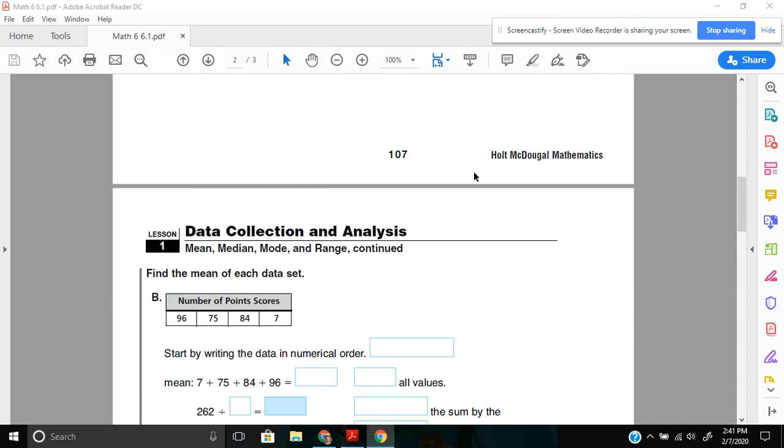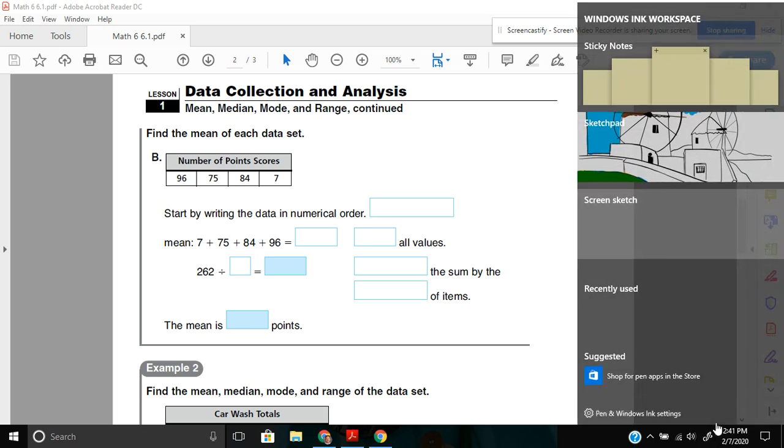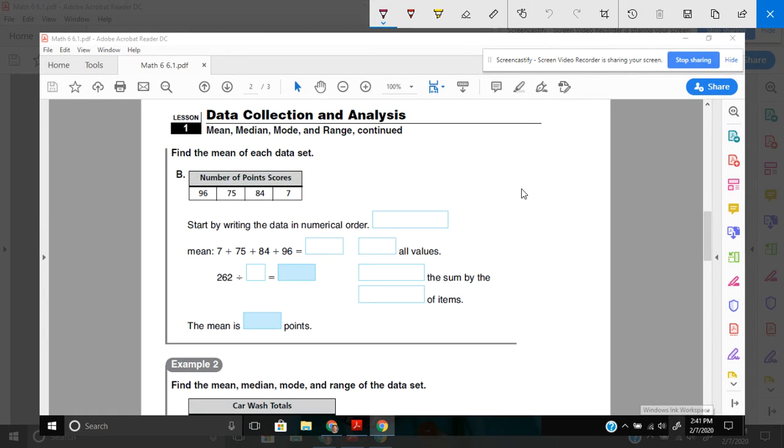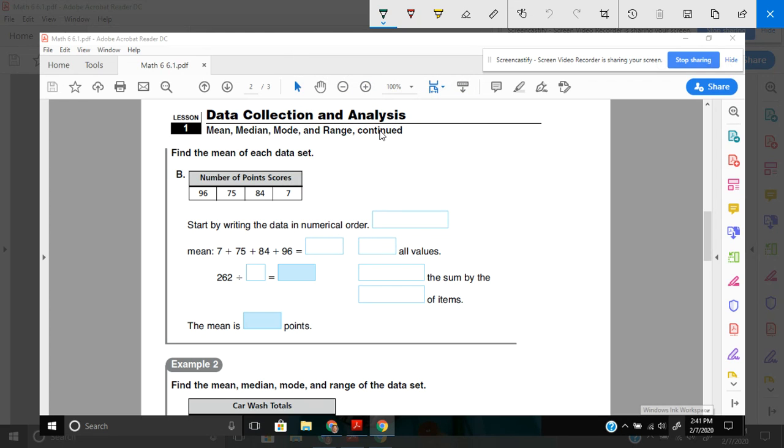All right, let's try another one that's very similar to that. Same directions, find the mean of each set of data. Again, they're looking for the average in this problem. All right, find the average. Let's add up our different values. And again, they like to start by writing the data in numerical order.